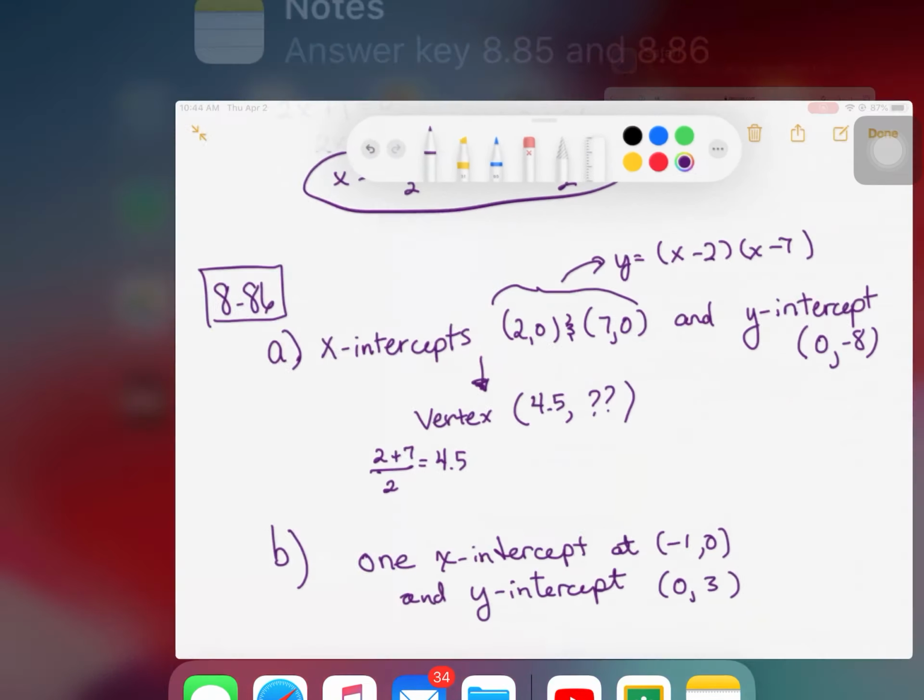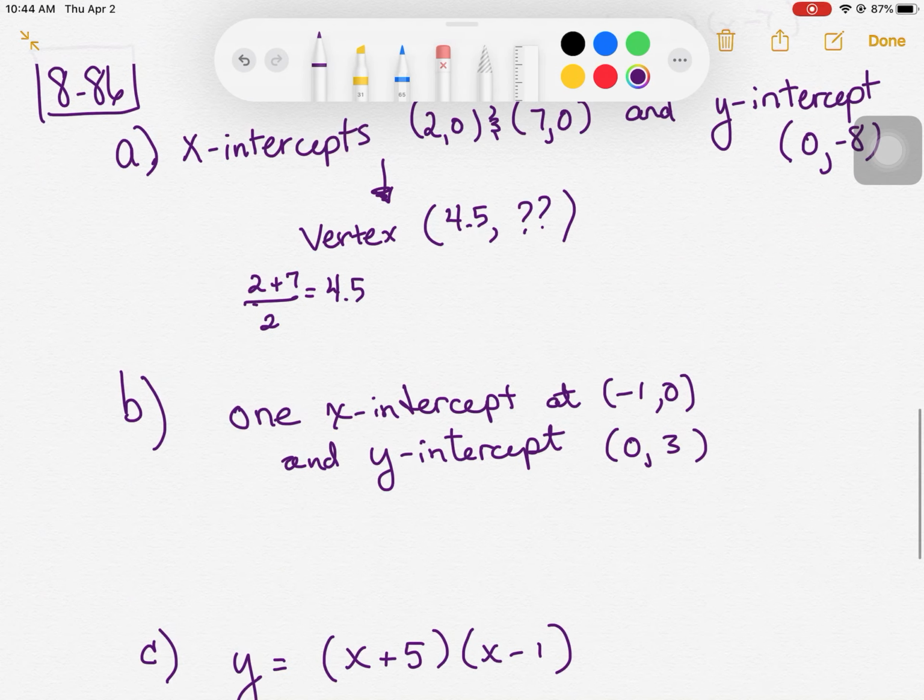I'm just going to go back and talk about them for a minute in my notes section. With one x-intercept at (-1, 0), right here, and a y-intercept at (0, 3), think about that just to get a picture of what that graph looks like. So one x-intercept at (-1, 0) would be right here, and a y-intercept at (0, 3) would be here.